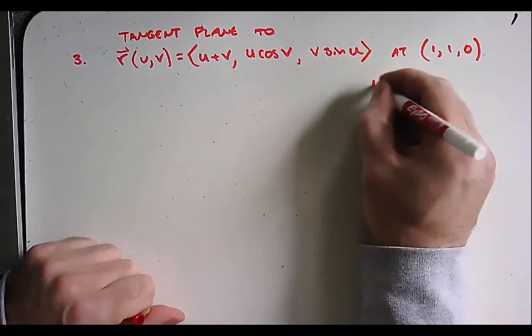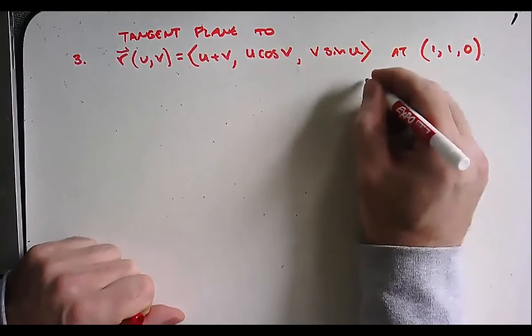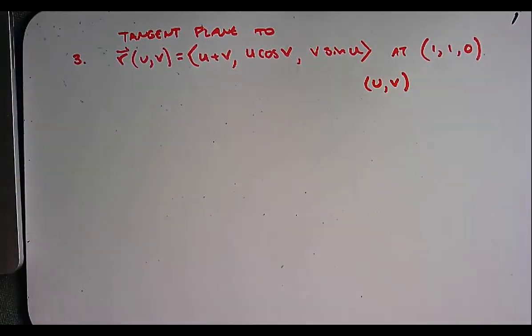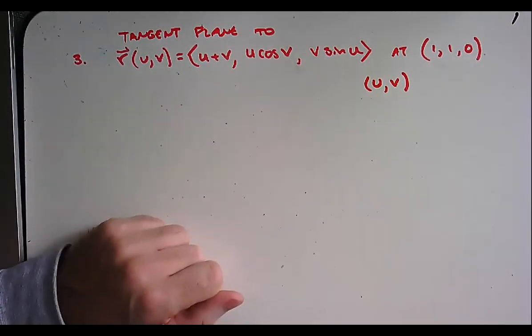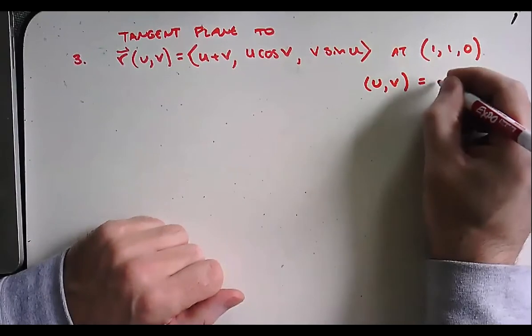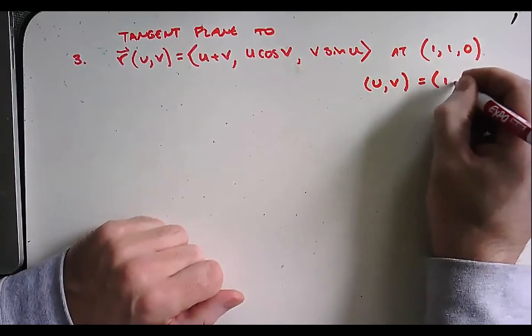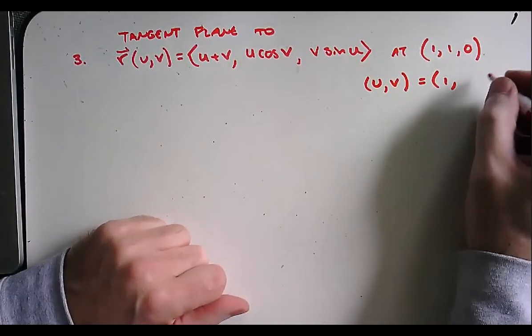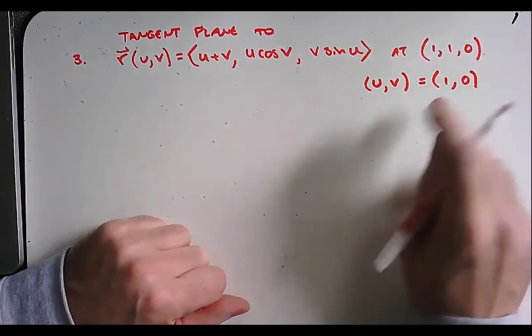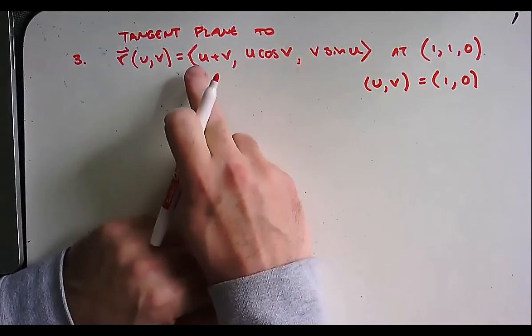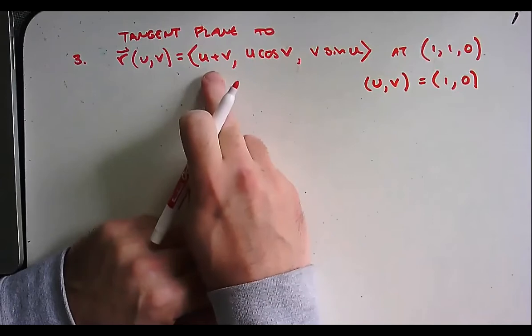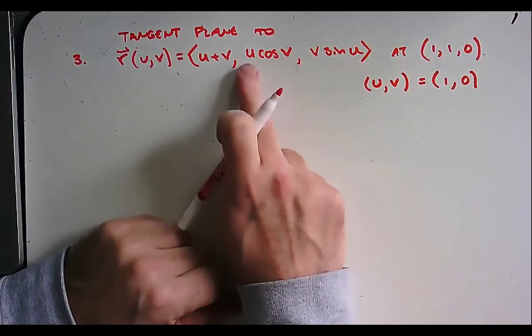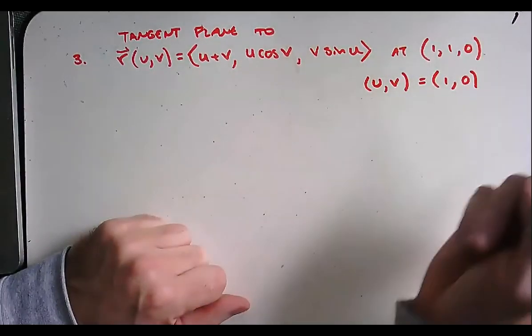So u comma v, if we want this to equal 1, 1, 0, the trick is letting u equal 1 and letting v equal 0. And we can just confirm that that works here. So 1 plus 0 does equal 1. 1 times cosine 0 equals 1.